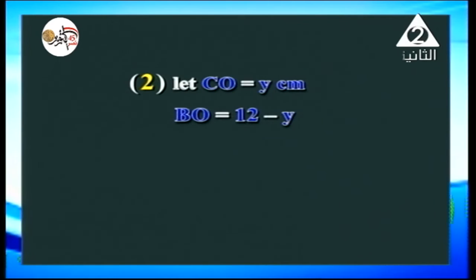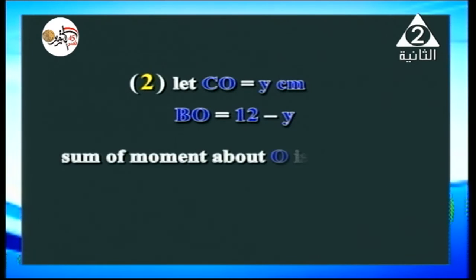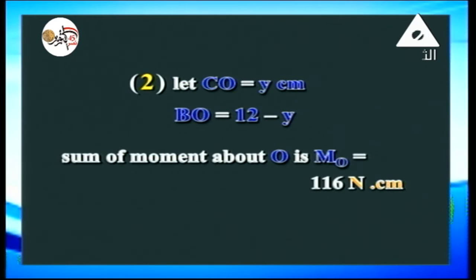Number 2, let CO equal y centimeter. Therefore, BO is 12 minus y. Sum of moments about O. It's simple. The moment about O equals 116 Newton centimeter from the given.